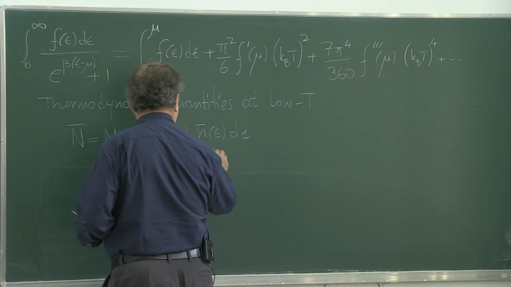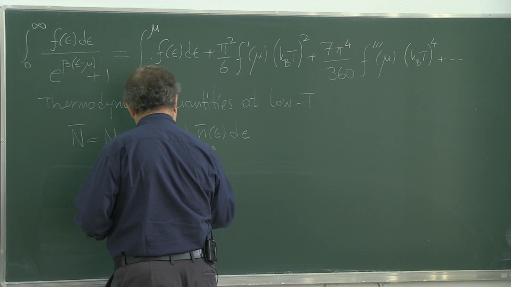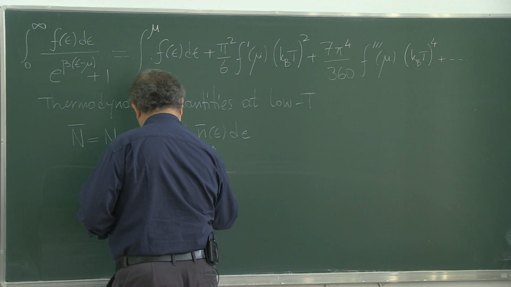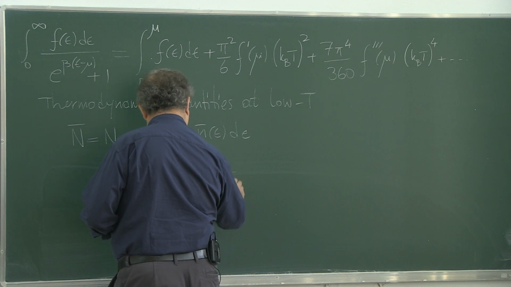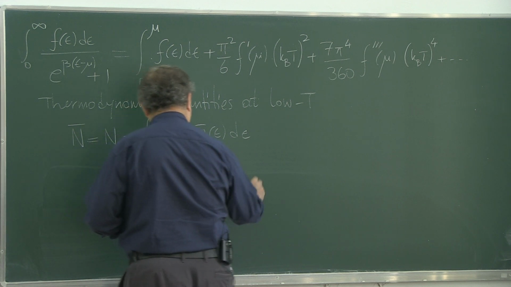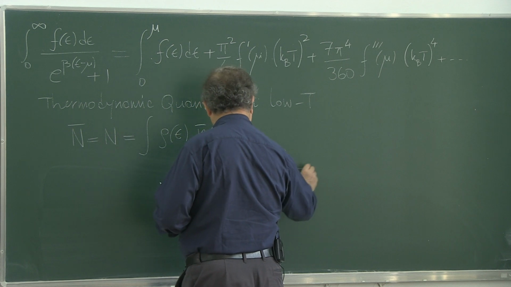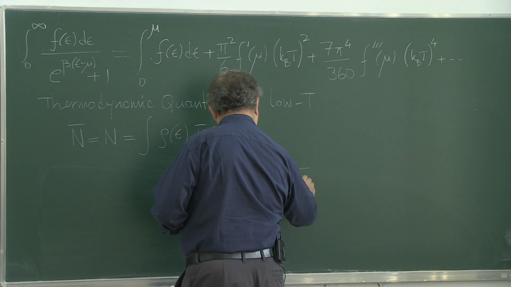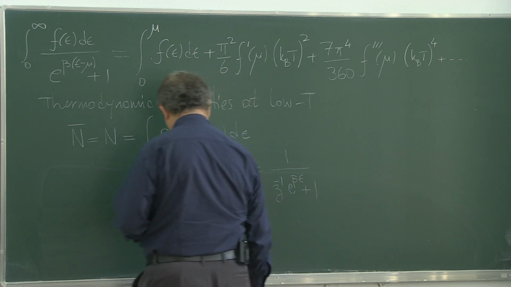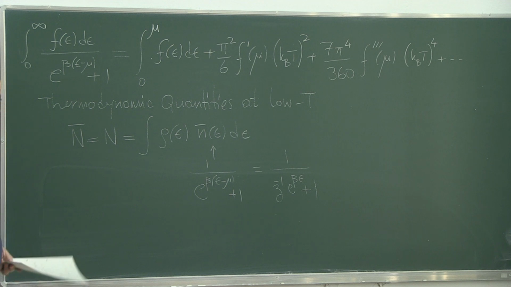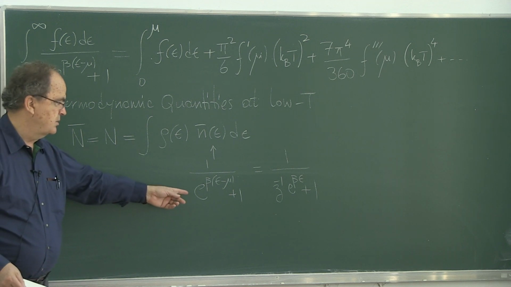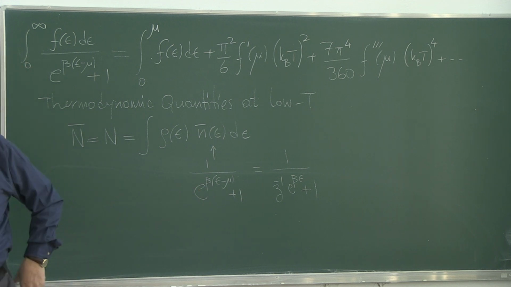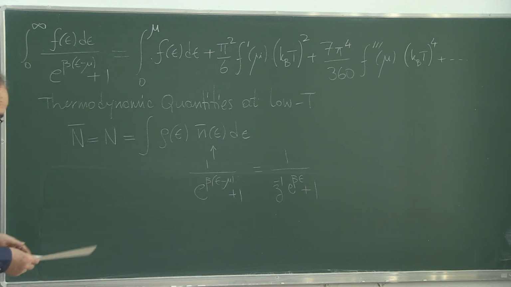This is again the Fermi-Dirac distribution function, which is 1 over e to the beta (epsilon minus mu) plus 1, or 1 over z inverse e to the beta epsilon plus 1, where z is e to the beta mu, so z inverse is e to the minus beta mu. Okay?